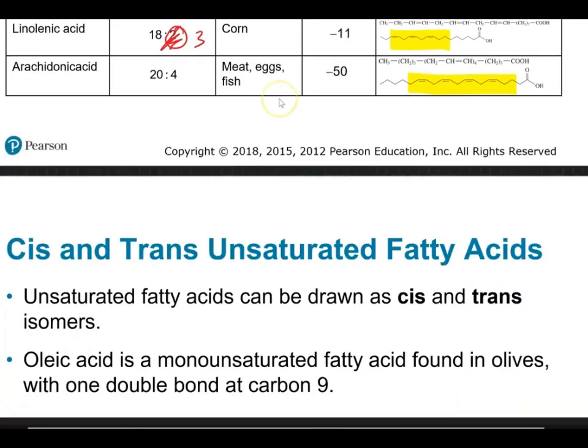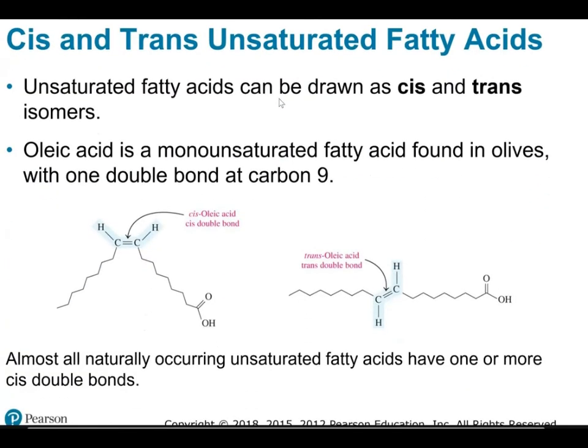The reason why we focus so much on the unsaturated fatty acids is that they can exist as cis or trans isomers. Just a quick reminder, the cis isomer is when two hydrogens are on one side of the double bond, and two substituents are on the other.